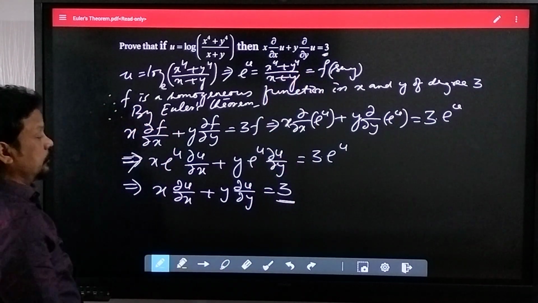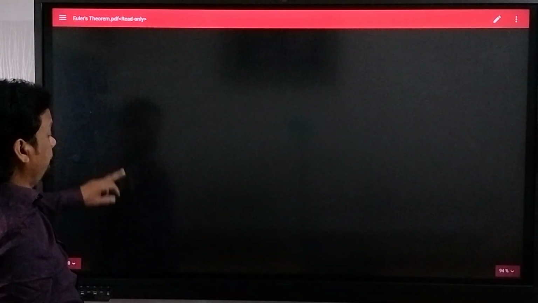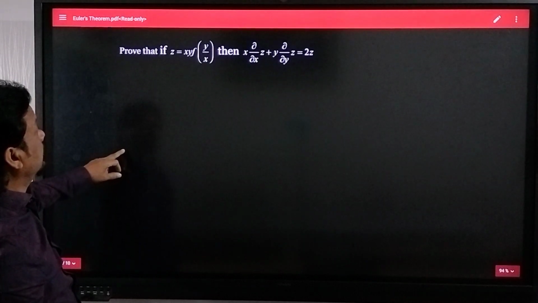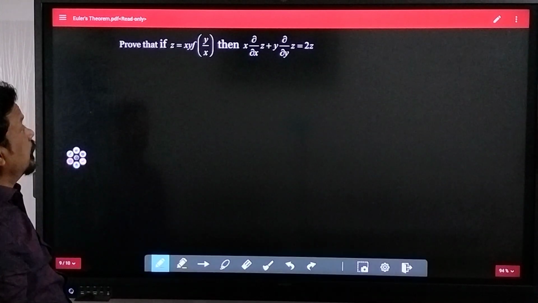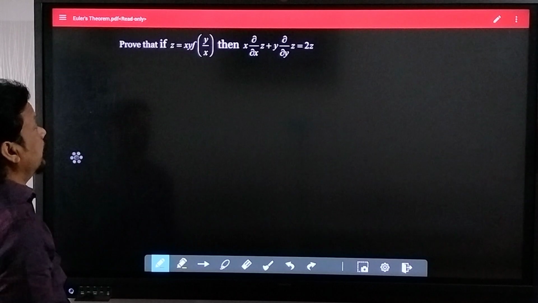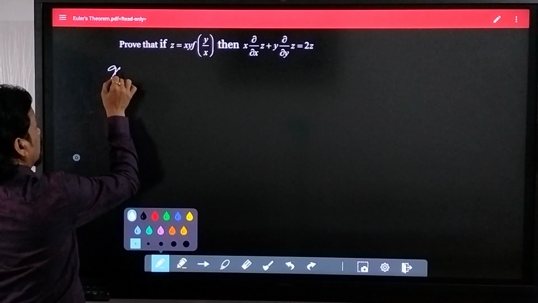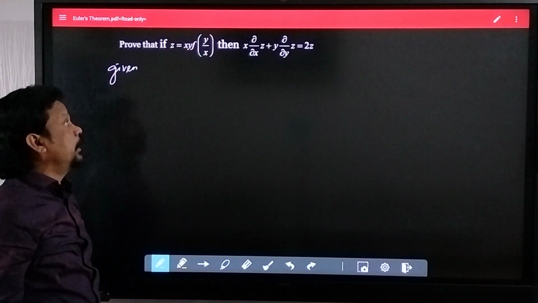Okay. So let us say another example. So this type of problem I am going to tell you in a different way. Okay. So here, see here, z is equal to xy into f of y by x.